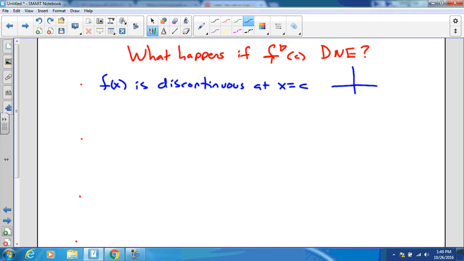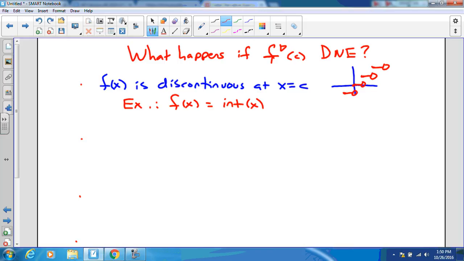A really good example function for this is the function f of x equals int of x. Remember this function? Yep. It has a graph that looks like this. And it has a jump discontinuity at every what?